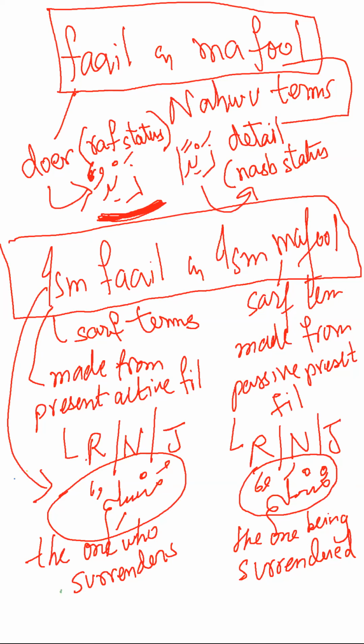Detail. Is that clear? Yes. And so when Muslimun comes in nasab status, that means from the nahu term it will be maf'ul bihi. So it can come as maf'ul bihi, right?